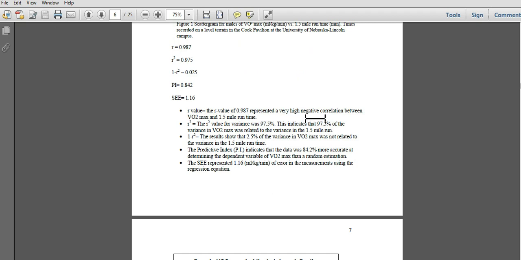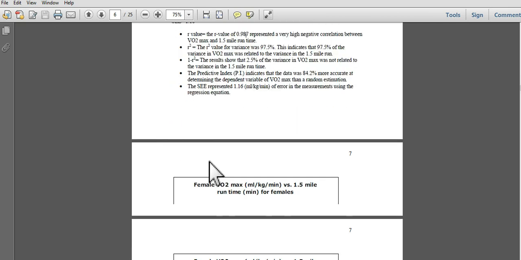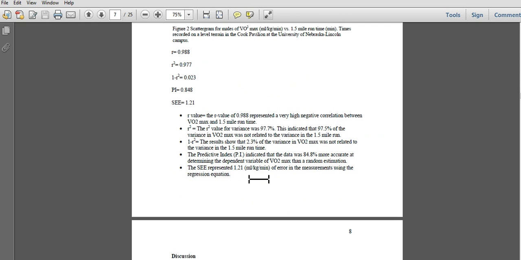Okay, now you'll notice here's another boo-boo. It says very high negative correlation, but they didn't put a negative up here on the r value. That's a no-no. Make sure that if it's a negative r, you put the negative there, and one way to determine that is if this relationship is negative. Okay, if this relationship goes down instead of up, it will be negative. All right. This is the same thing for females, so I'm not going to talk about that.